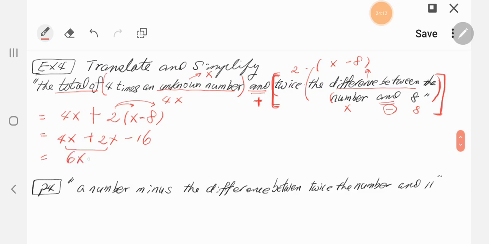So 6x minus 16. Can you see it? So we have a variable expression, and to simplify the variable expression, distribute. Once we distribute, we have to combine like terms. In this case, 4x and 2x are the like terms.